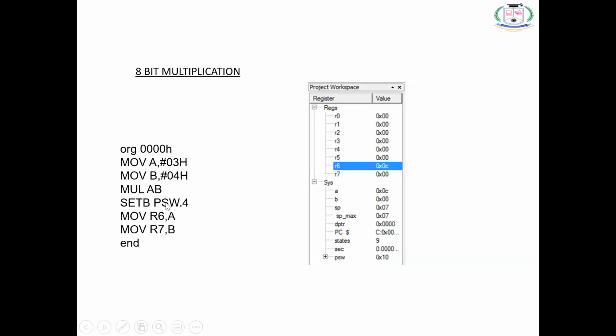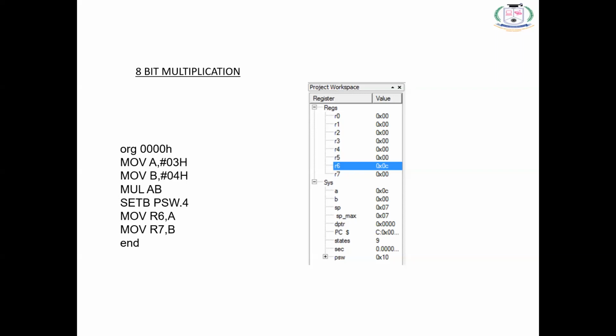The question is perform 8-bit multiplication and store the result in bank 3, which has to be stored in R6 and R7 registers.